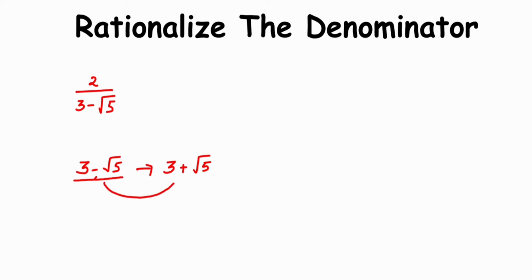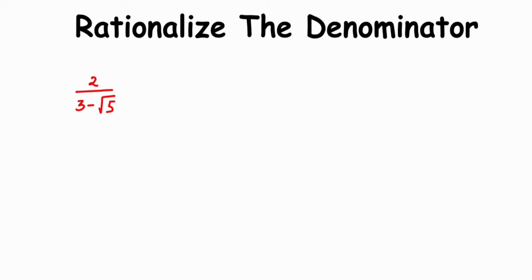Similarly, suppose I have root 2 plus root 7, its conjugate will be nothing but root 2 minus root 7. So it's very simple. Whatever sign you have, just change that. Plus will become minus, minus will become plus. That's it. And then you have to multiply both numerator and denominator with that. So let's see what I will get.